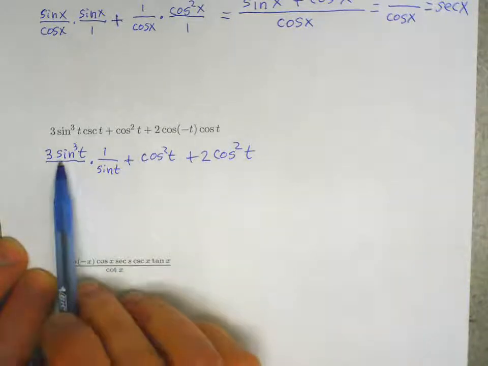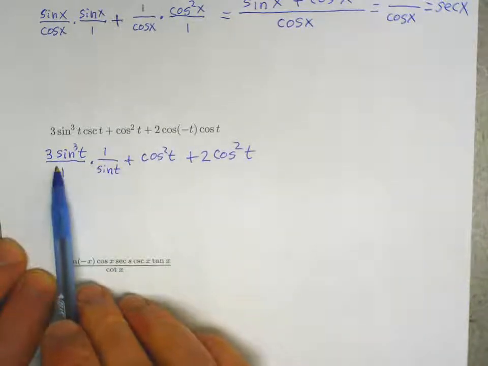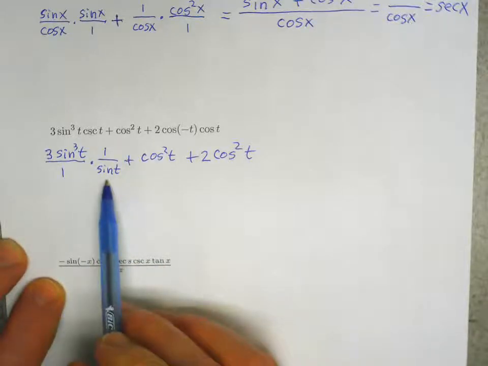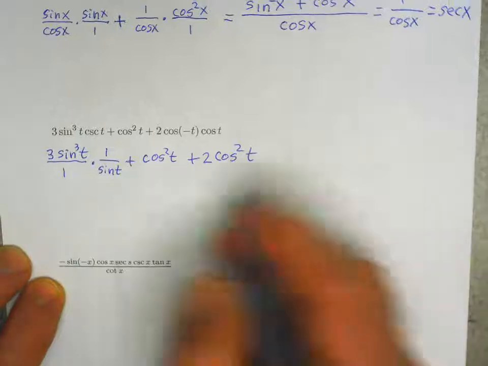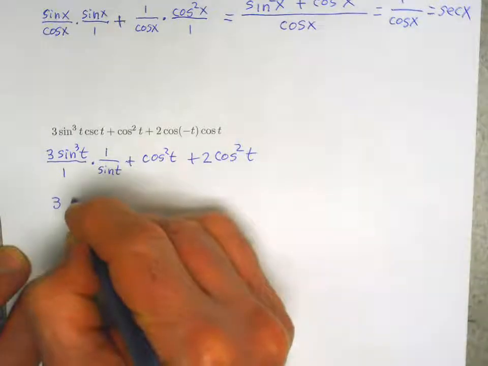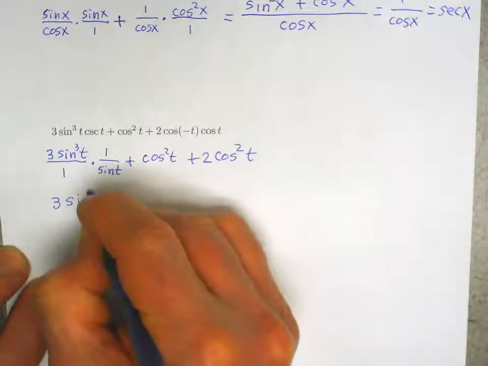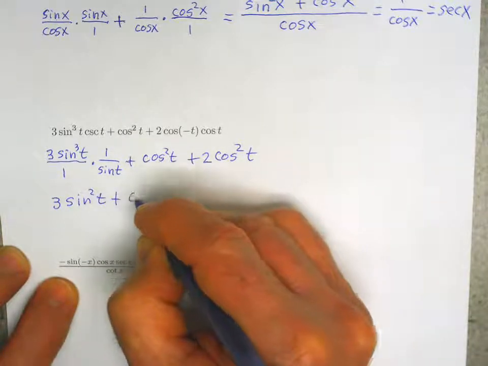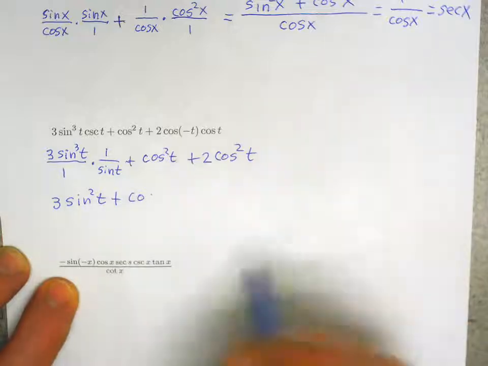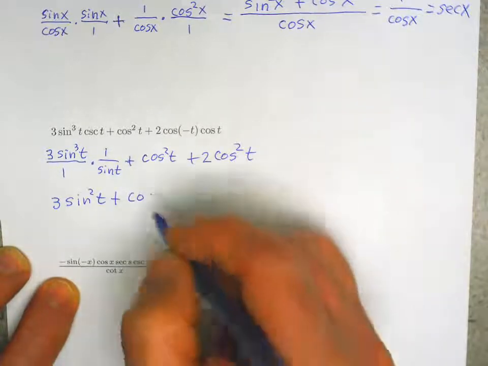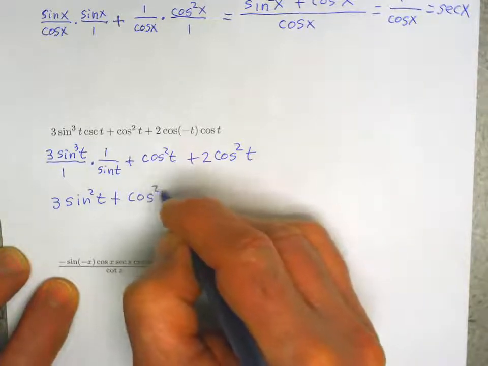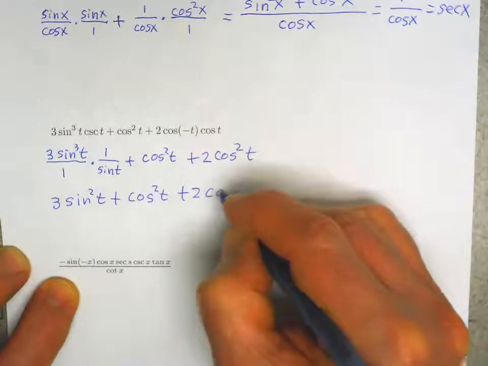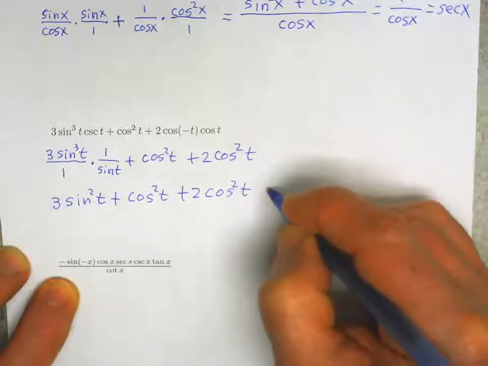Okay, let's simplify this one. 3 times sine of t to the third over 1 times 1 over sine of t. 1 factor of sine of t cancels. So we're left with 3 times sine of t squared, and then plus cosine of t squared plus 2 times cosine of t squared.